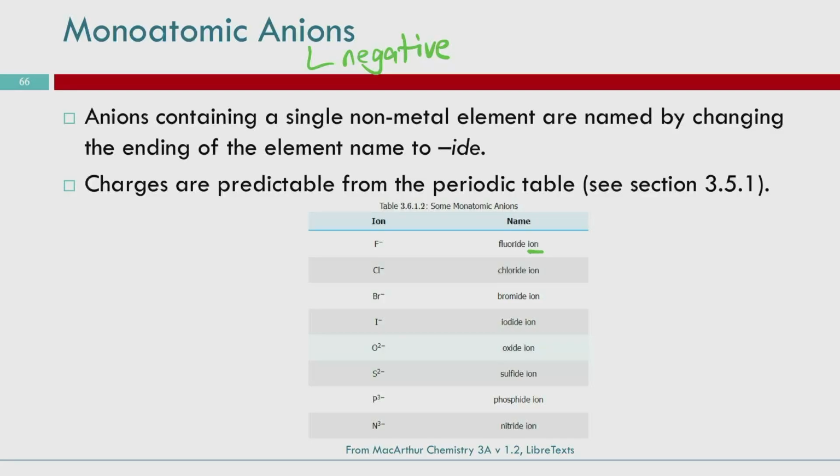The ion part, in my mind, is optional because the -ide ending already means that we're using an ion. So some of these, like fluorine, would be the name. The base, fluor, and we change that instead of -ine, it's -ide, so fluoride.